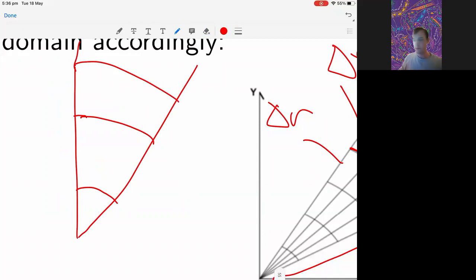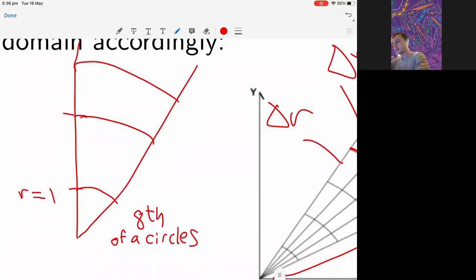And let's say here we've got r equals 1, here r equals 2, and here r equals 3. Since we're dealing with an eighth of a circle, the change in angle is going to be 2 pi divided by 8, which is pi on 4.